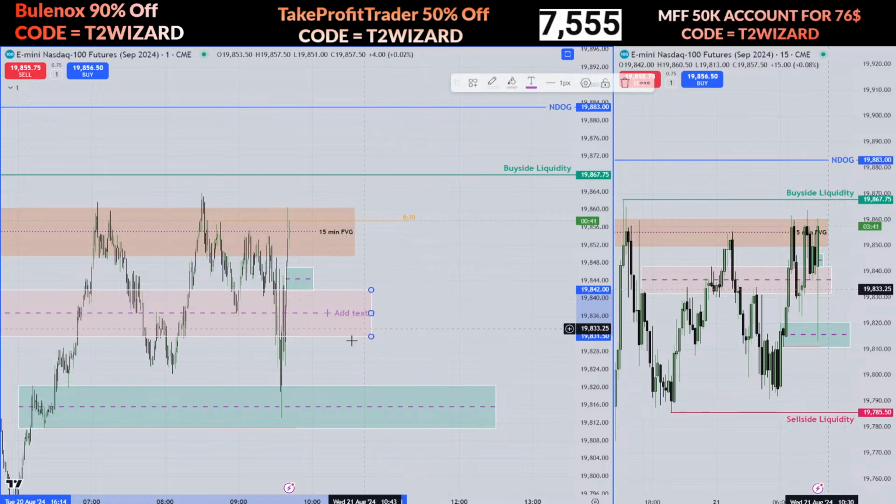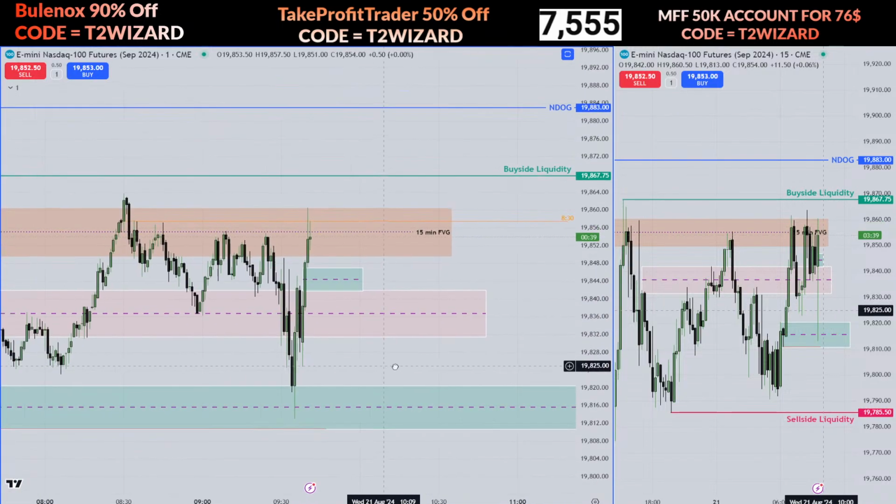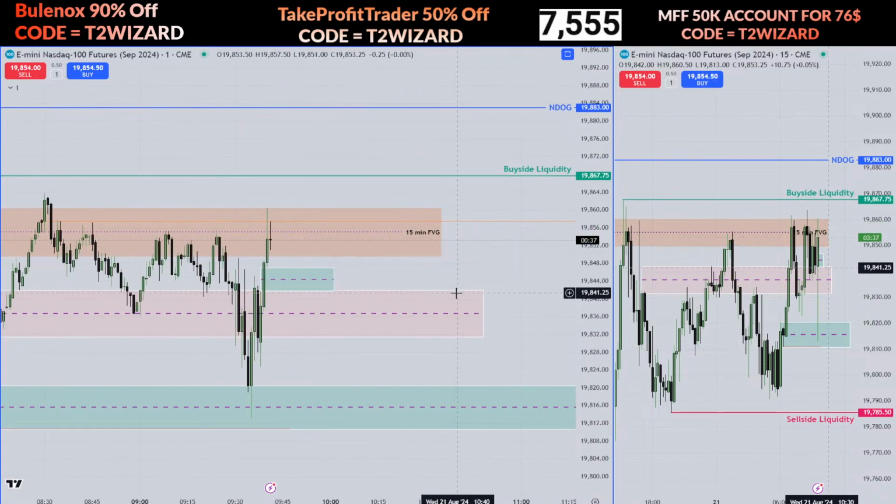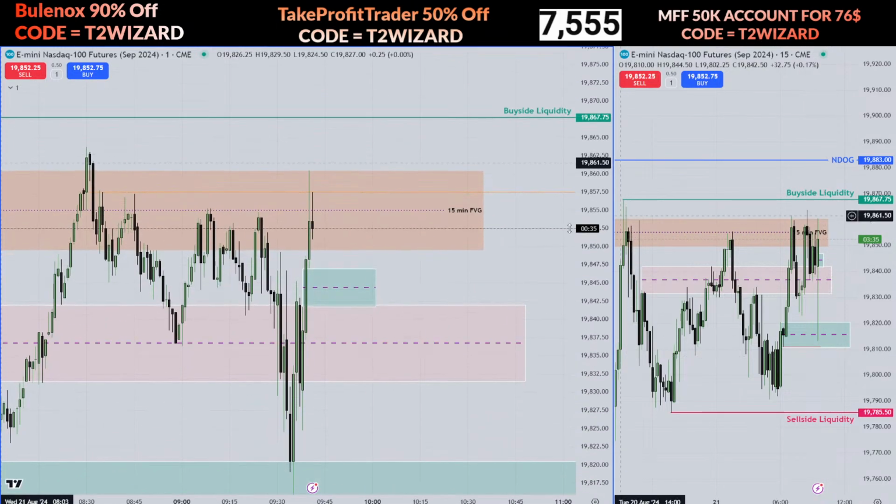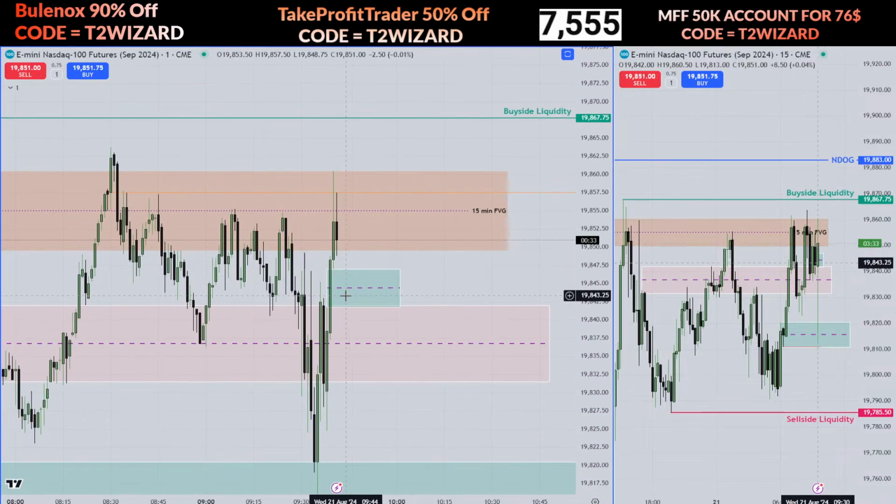Oh, why do I have a lot of lines? See this fair value gap, if it can make a fair value gap over here. Okay, it didn't make it. I would love to see how this fair value gap is going to be traded. Is it going to keep some portion open over here, or is it going to close this perfectly, then trade that opening gap before expanding higher? That is my expectation.